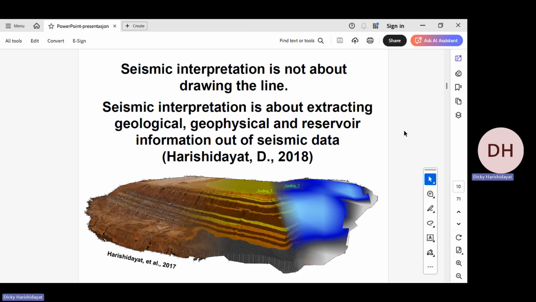So when we interpret seismic reflection data, we need to understand the geology, and then extract geology, geophysics, and reservoir information out of the seismic data. One reason is that seismic reflection data is very expensive and difficult to acquire, for instance in onshore areas, in the jungle, or in remote areas.